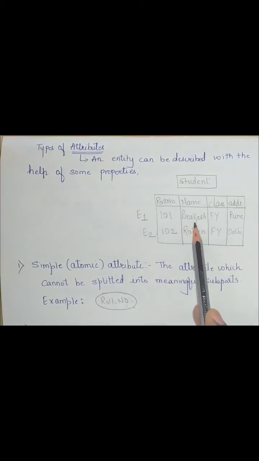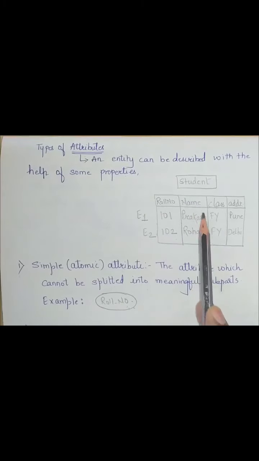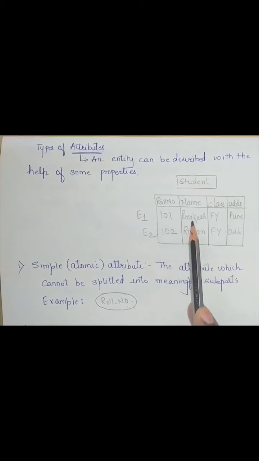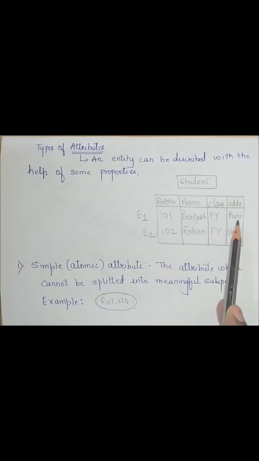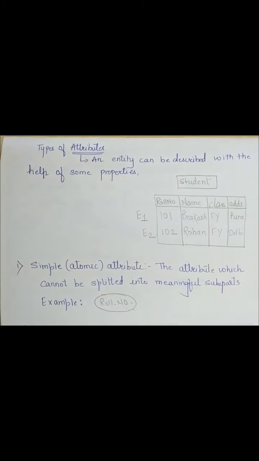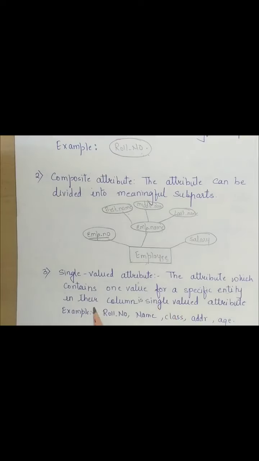Similarly, Prakash is one and only one name for the attribute name. Similarly, FY is a single value and Pune in the attribute address. All the values present in E1 are single values. That's why we say the attribute which has a single value for a specific entity in its column is a single valued attribute.